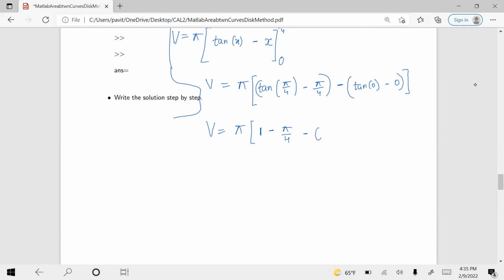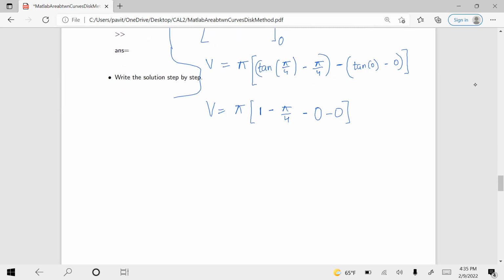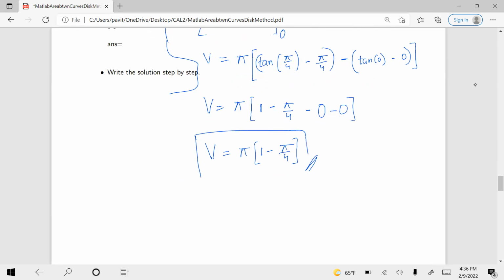So 0 minus 0, that is going to give you 0. Now the final answer is pi times 1 minus pi by 4. That's the volume. That is going to be your final answer.